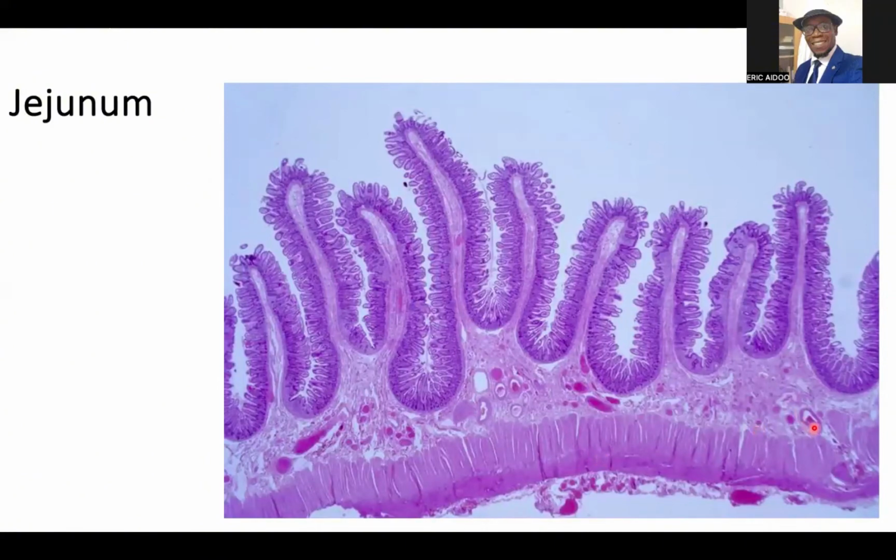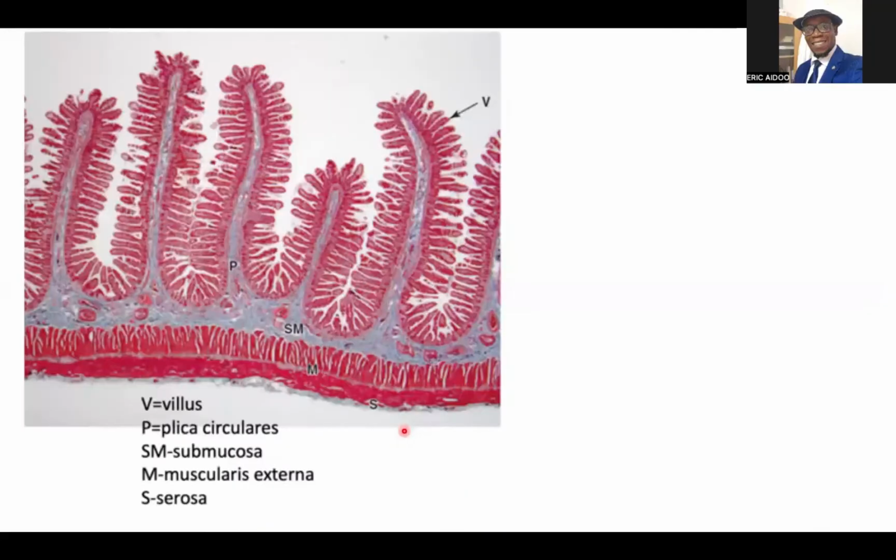You can see some blood vessels are also found within the submucosa. Again, even without the name written, you can tell that this is jejunum. Look at how the villi are oriented.